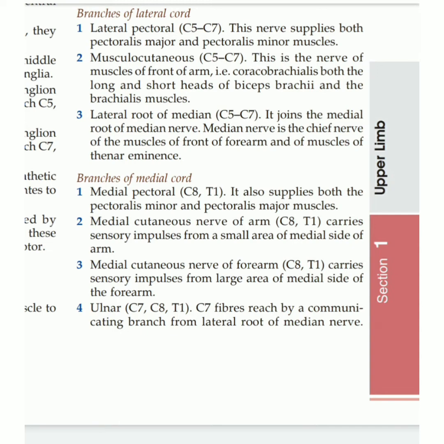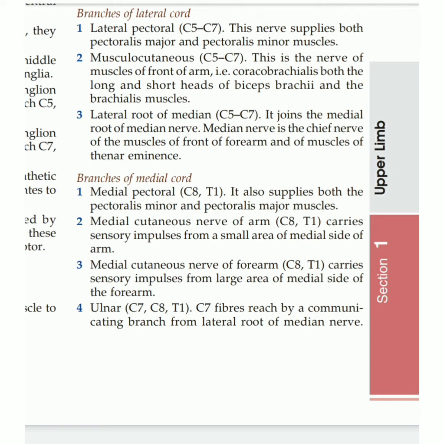Branches of the medial cord. 1. Medial pectoral nerve, C8 T1. It also supplies both the pectoralis major and pectoralis minor muscles. 2. Medial cutaneous nerve of the arm, C8 T1. It carries sensory impulses from a small area of the medial side of the arm. 3. Medial cutaneous nerve of the forearm, C8 T1, carries sensory impulses from a large area of the medial side of the forearm. 4.